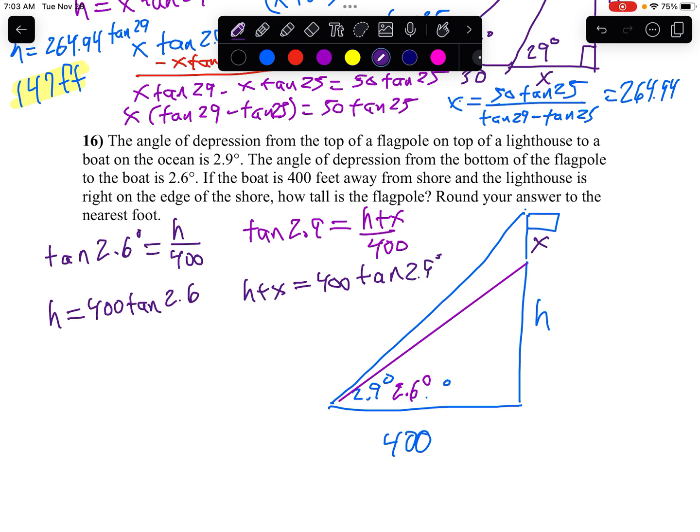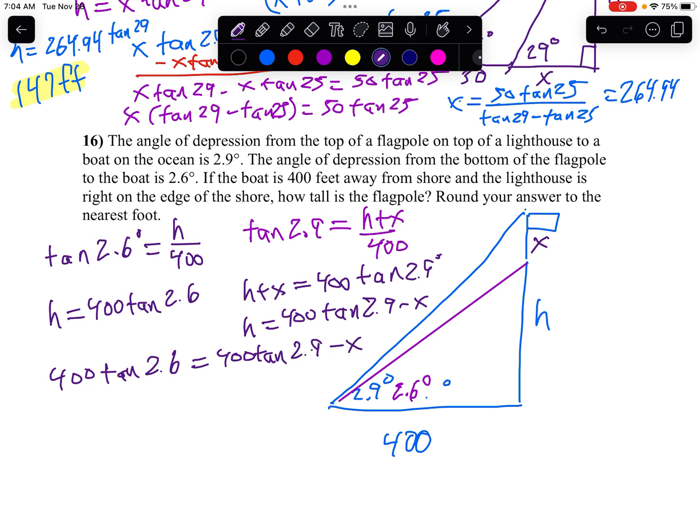If I want to get h by itself, I'll say h equals 400 times the tangent of 2.9 minus x. In other words, 400 times the tangent of 2.6 equals 400 times the tangent of 2.9 minus x. Let's subtract 400 times the tangent of 2.9 from both sides.